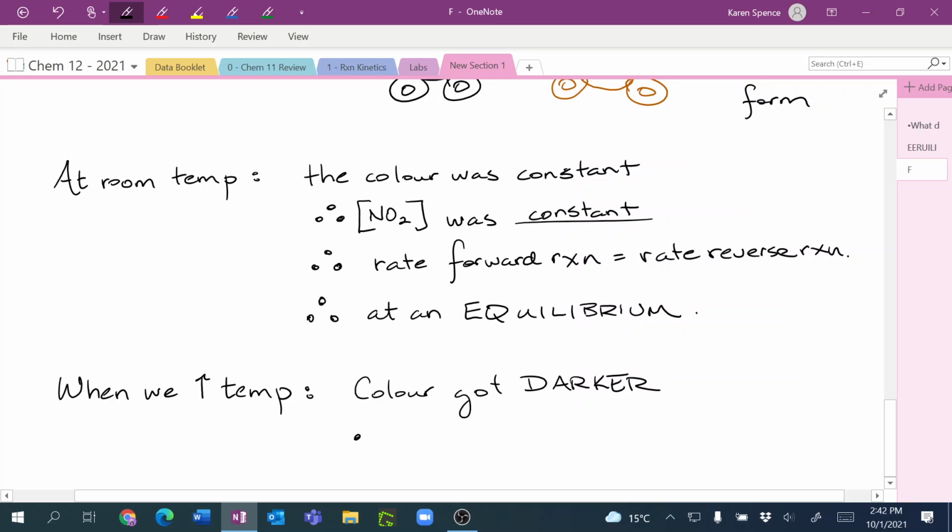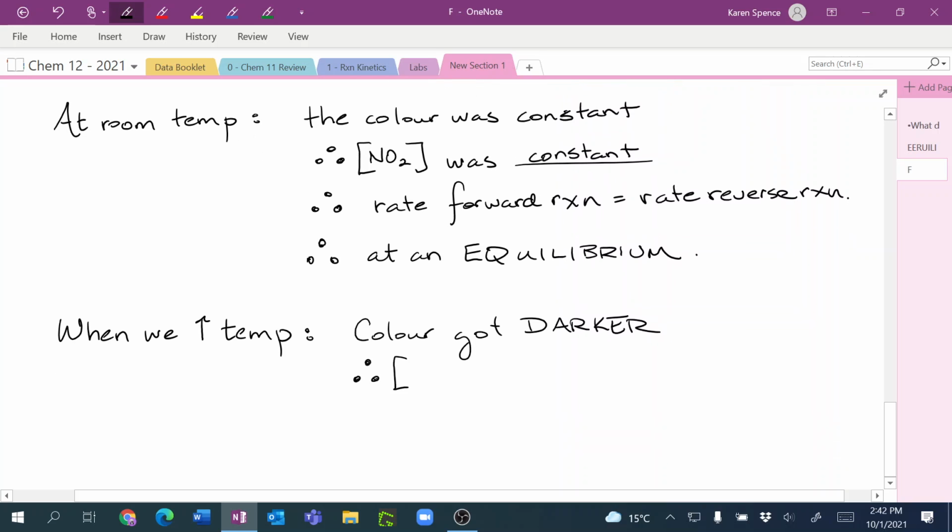Therefore, what could you say about the concentration of the NO2? That's the brown stuff, remember? Got higher, yeah. So what does that mean about the forward and reverse rates?